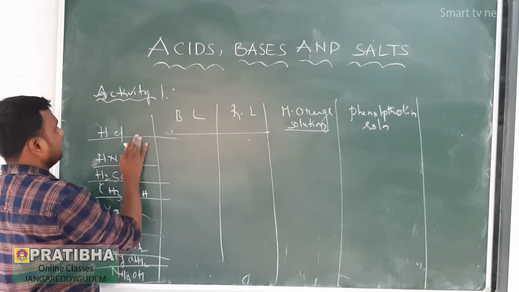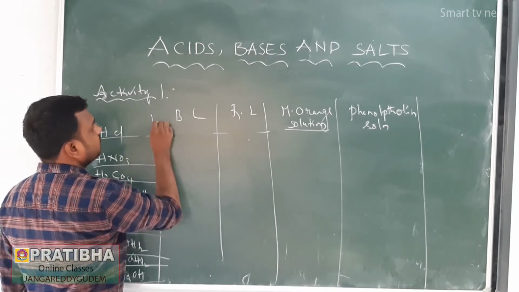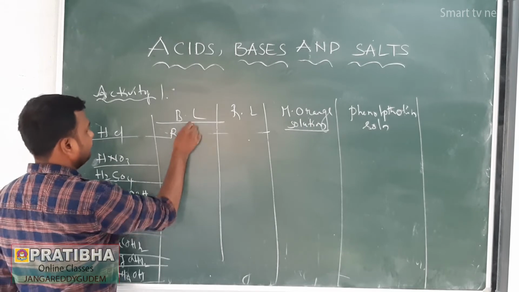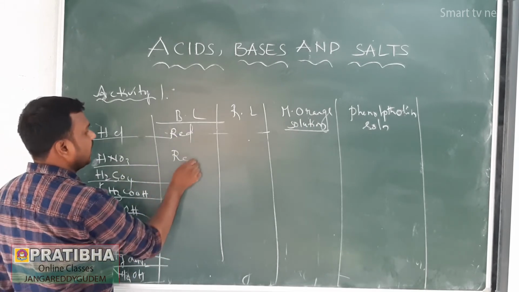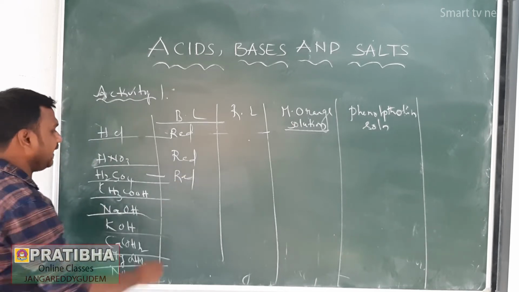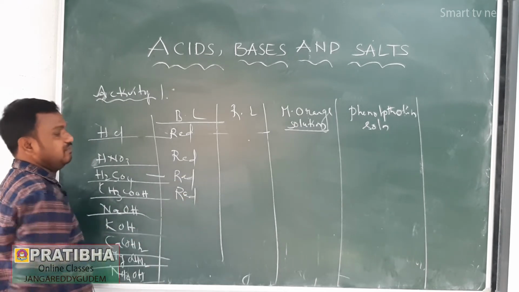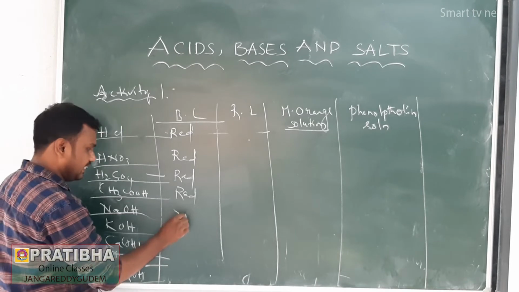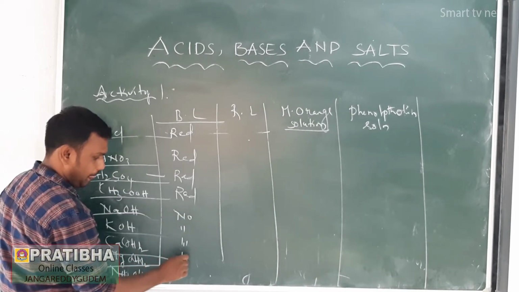Blue litmus in acids turns red: HCl, HNO3, H2SO4 and acetic acid all give red. No change in bases.